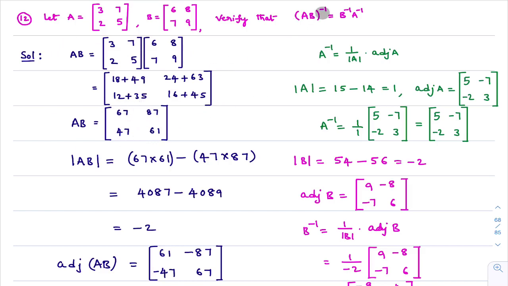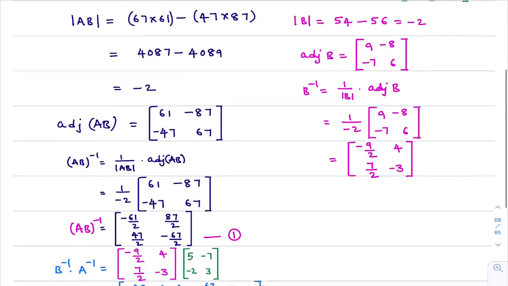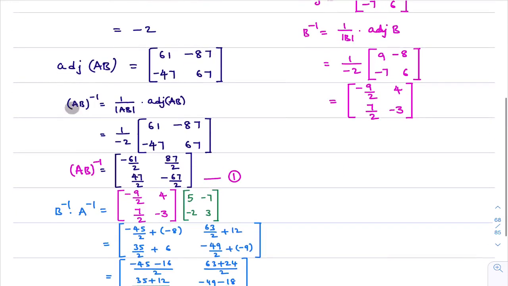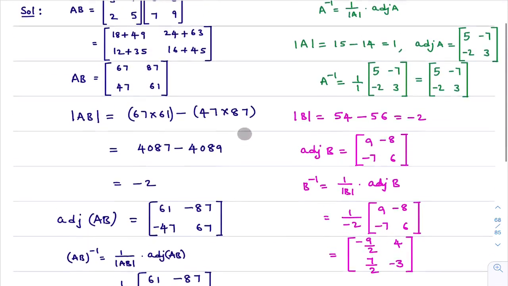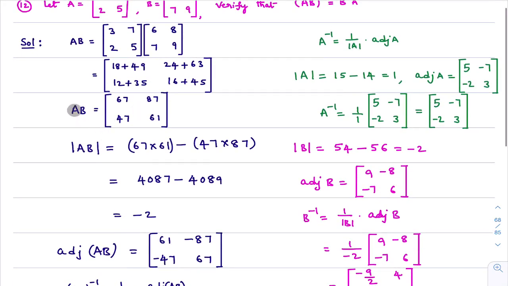Now what do I need? AB inverse. What is the formula for (AB) whole inverse? 1 by determinant of AB into adjoint of AB. So I need two things. One is the determinant of AB, another is the adjoint of AB. So I will calculate the determinant of AB.